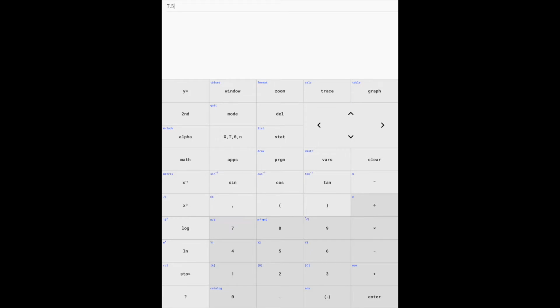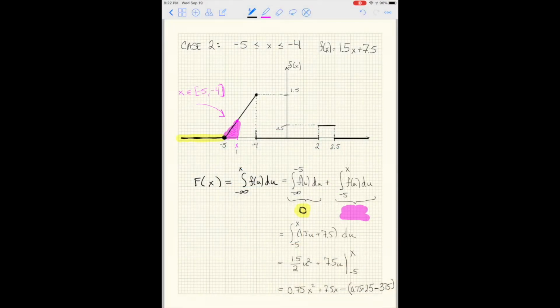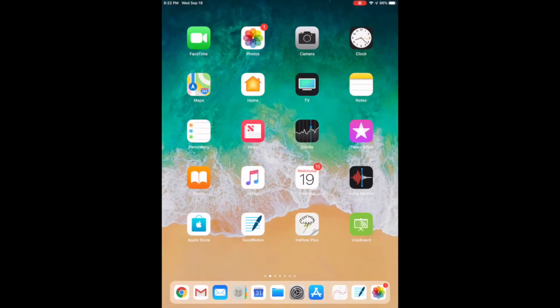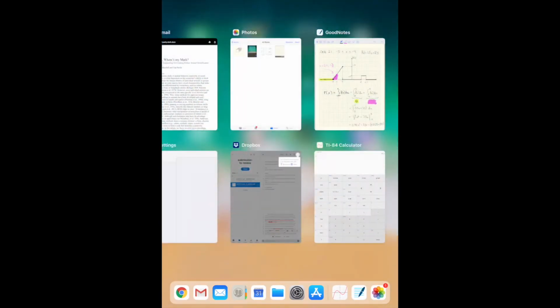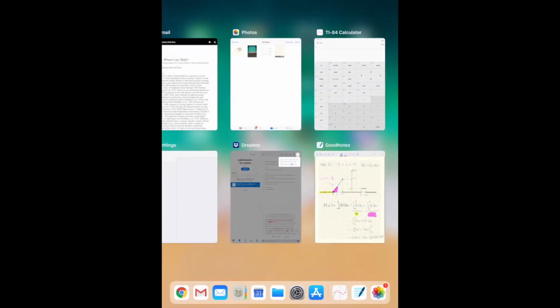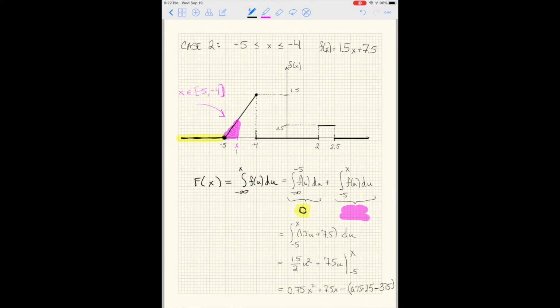So 7.5 times 5, I think I did that before, 37.5. That's what we wanted. And then if I go back, 0.75 times 25. So 0.75 times 25 is 18.75. So this right here is 18.75.